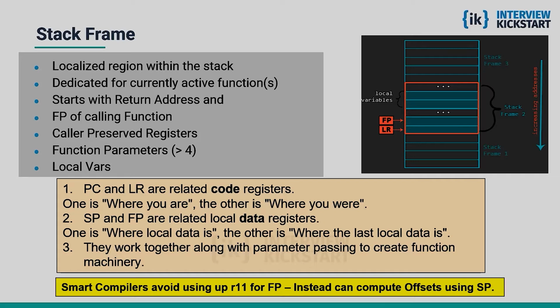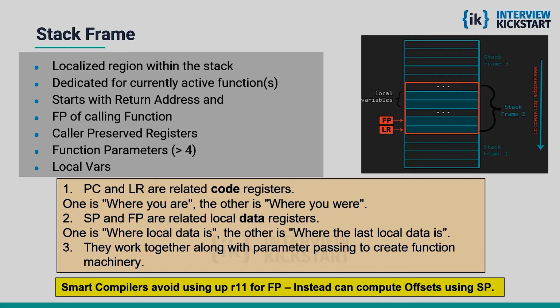Now we have talked a lot about frame pointers, but it is not necessary that the compiler use the frame pointer register, which is R11 in the case of Cortex-M. The compiler can instead choose to compute offsets even for past functions, which are calling functions, because the compiler has analyzed the entire calling tree.